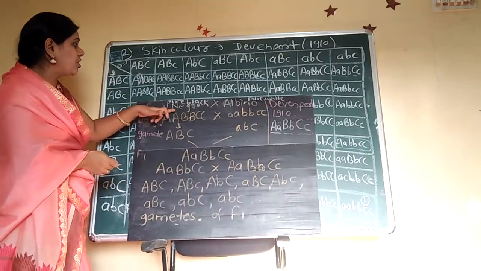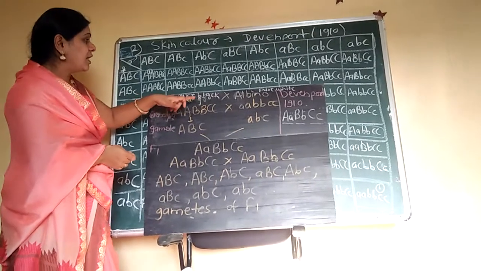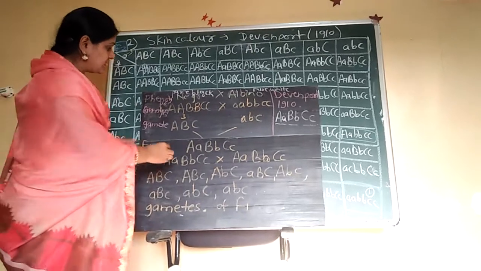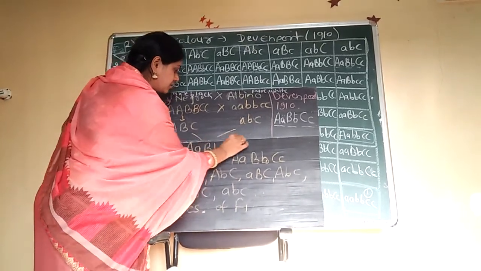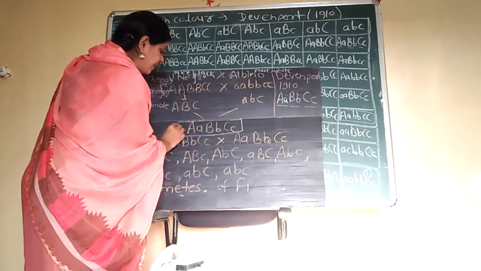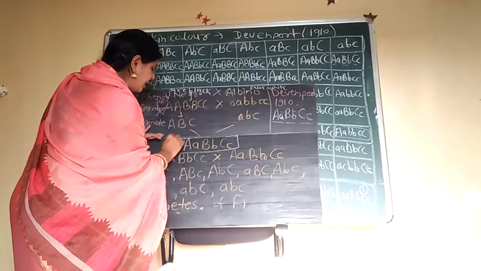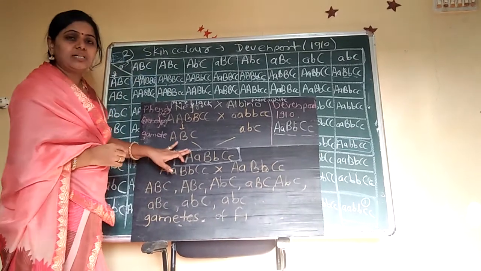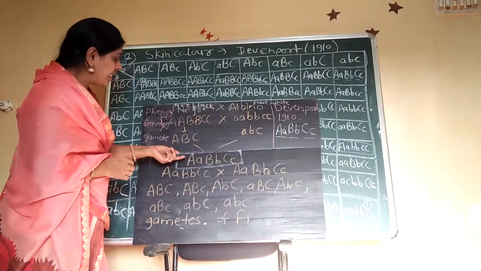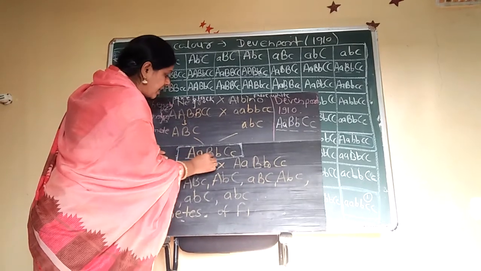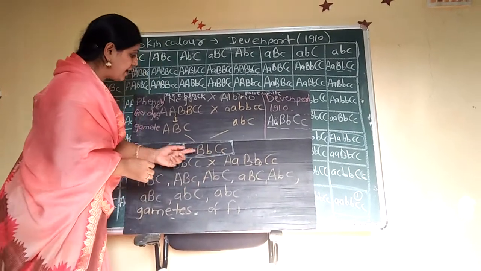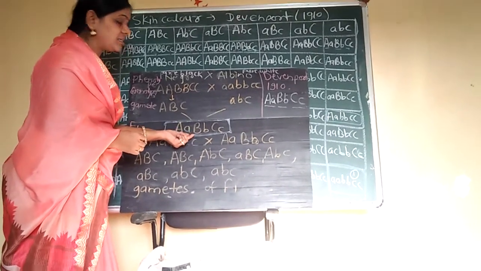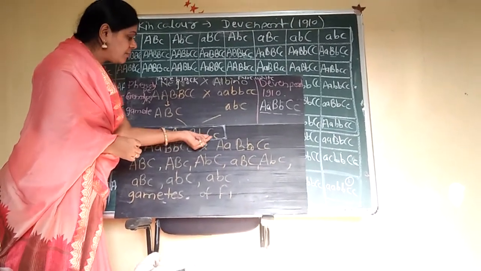When pure black is crossed with pure white, the F1 progeny shows an intermediate character, the mulatto, also called the Savla color. These F1 individuals have three dominant genes, capital A, capital B, capital C, and three recessive genes, small a, small b, small c.